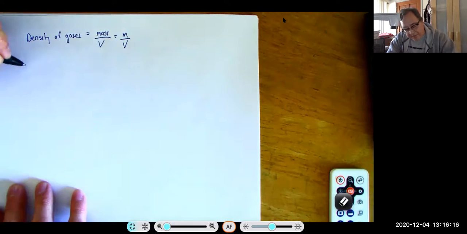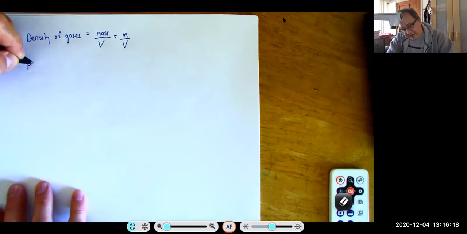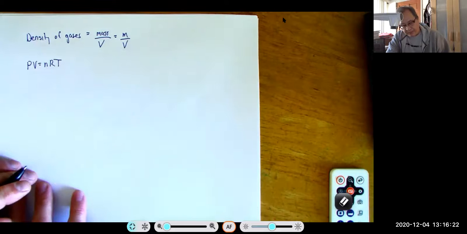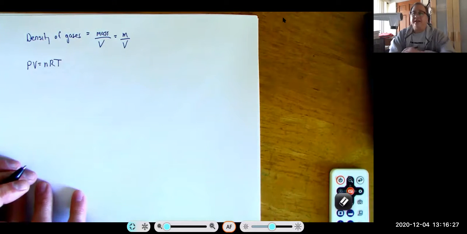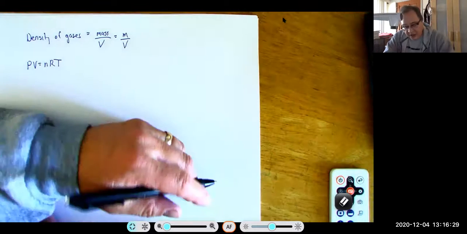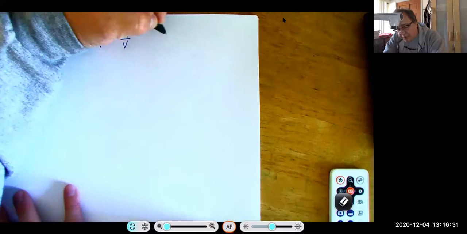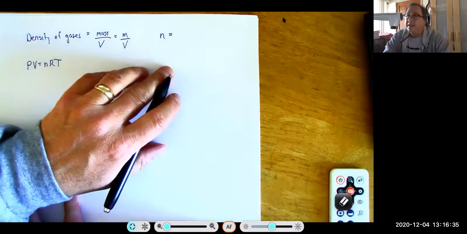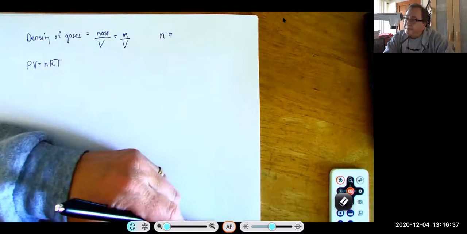Now remember, we have PV equals nRT. Let's see if I can remember how to do this. We can also say that the moles of gas is going to be, let's see.